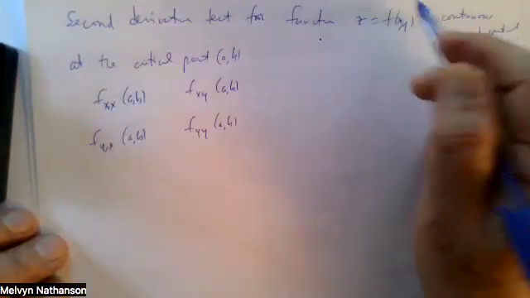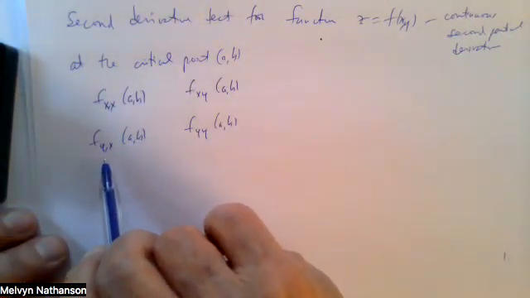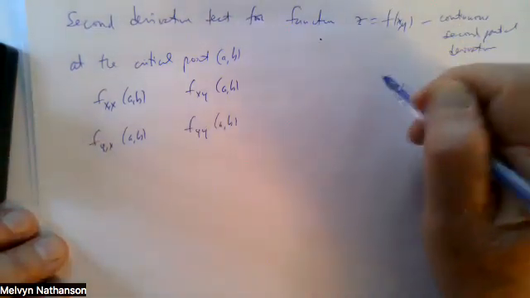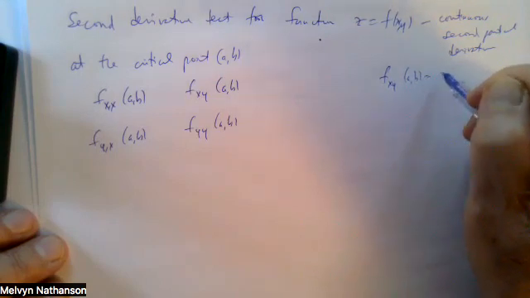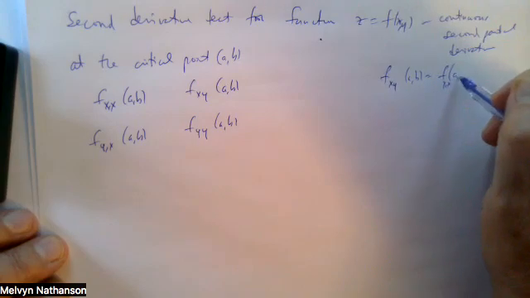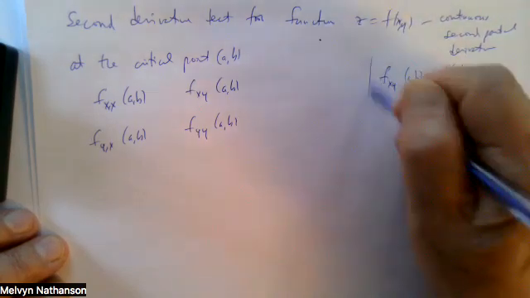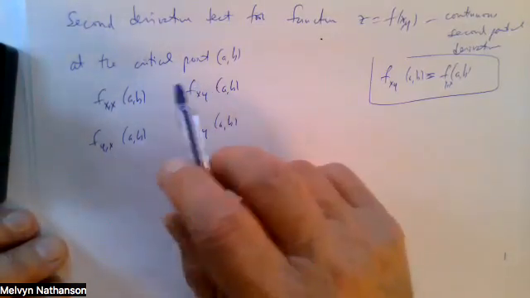Now, if they're continuous, the order in which you take the partial derivatives doesn't matter. So the partial of f with respect to x, y at (a, b), and the partial of f with respect to y and x in the opposite order at (a, b), they're always equal if these are continuous. So these are numbers, but these are the same numbers.